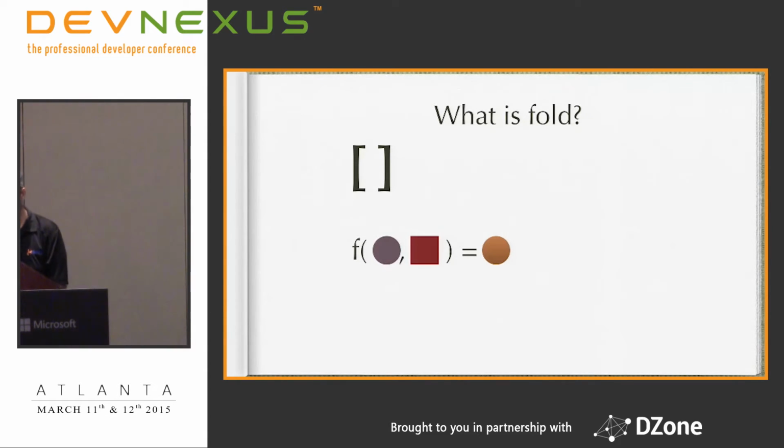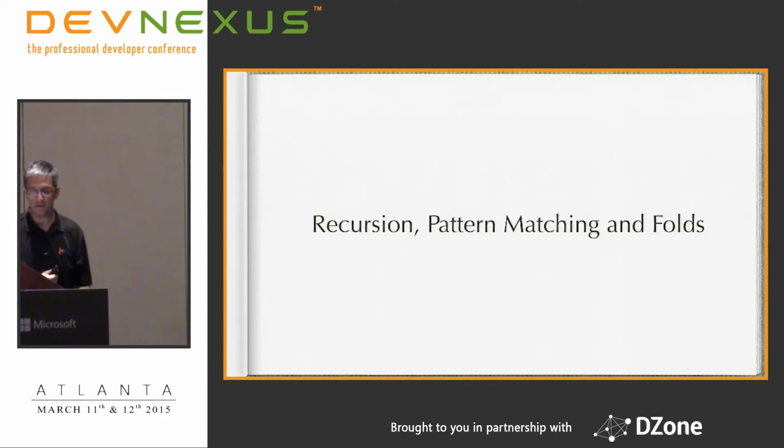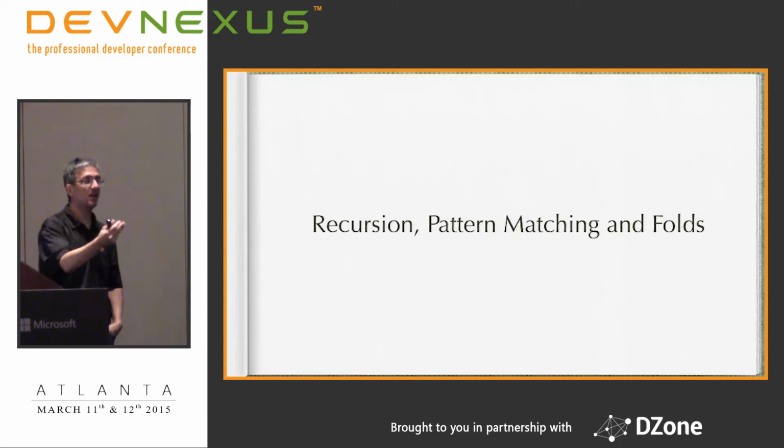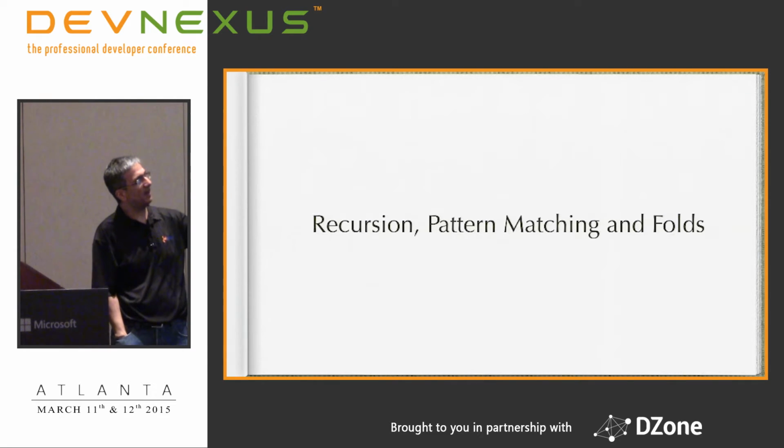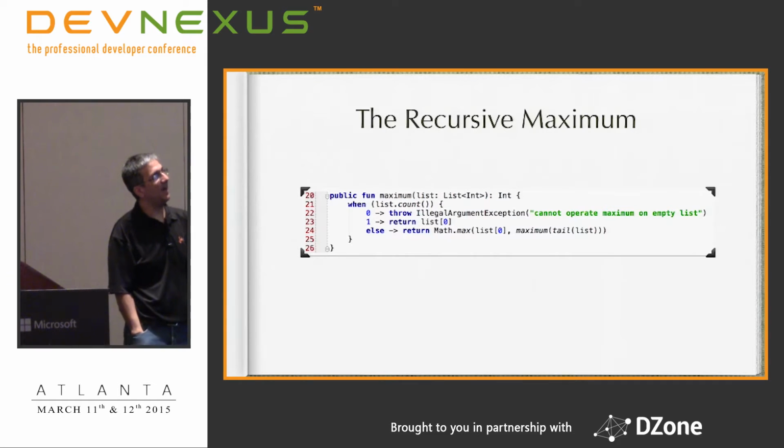And why do I bring this up? Because if you think about it, a lot of times when we talk about functional programming, of course, one of the biggest topics is recursion, right? We need recursion for functional programming. So if you think about recursion, let's take a look at this example. Here I have the recursive maximum, okay?